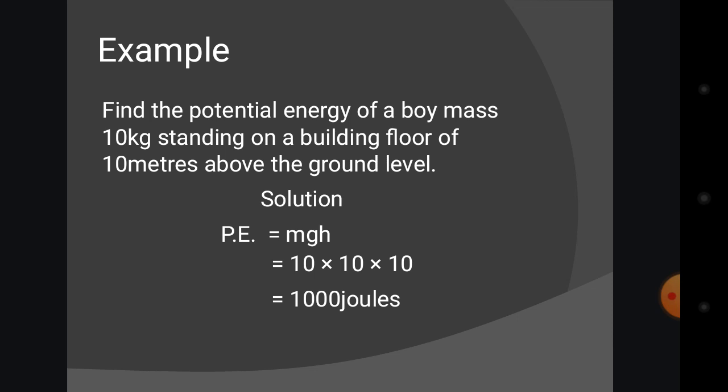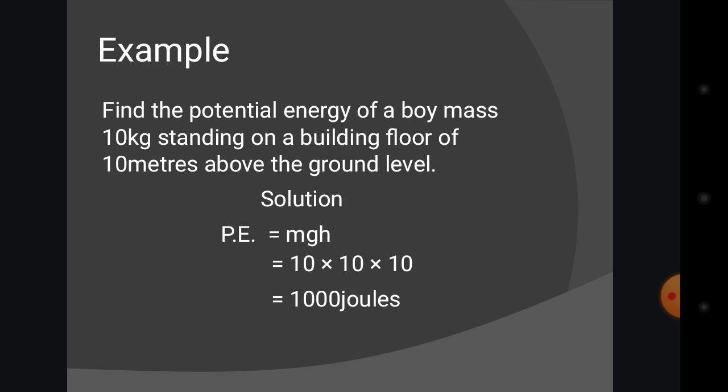That means this constant value, g, I told you it is a constant, it is not changing. It is either 10 meters per second squared or 9.8 meters per second squared. If you use 9.8 it is also the same, or if you use 10 it is also the same, because they are the constant value for the acceleration due to gravity.